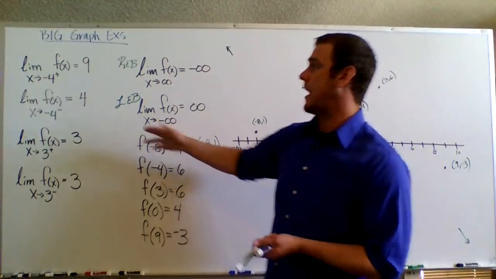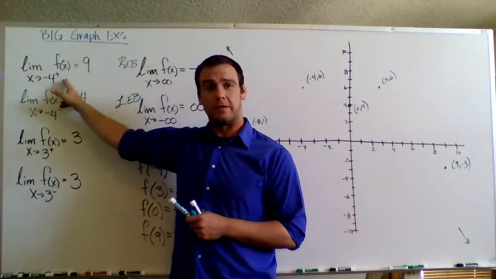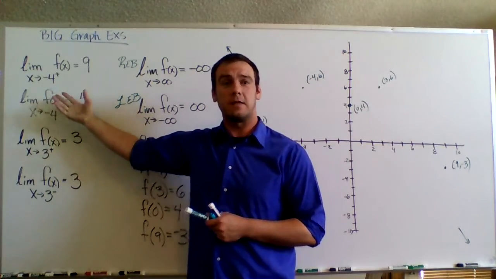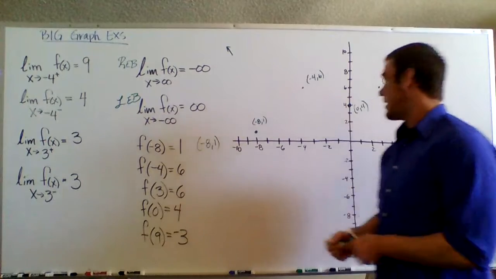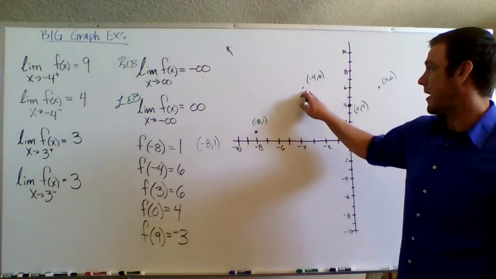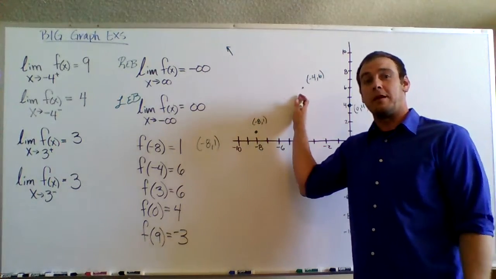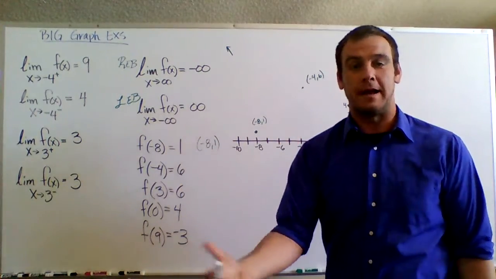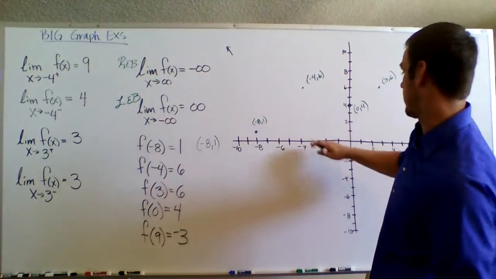Here, as x approaches negative 4 from the right, okay, as we approach it from the right, our y value is getting closer and closer to 9. If we look at negative 4, my y value actually is going to be 6. Okay, basically that's where my point is, but that doesn't mean I have to be approaching it. Or, we're going to be approaching 9, I guess, in this case.